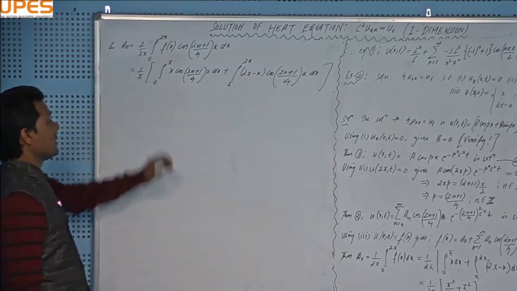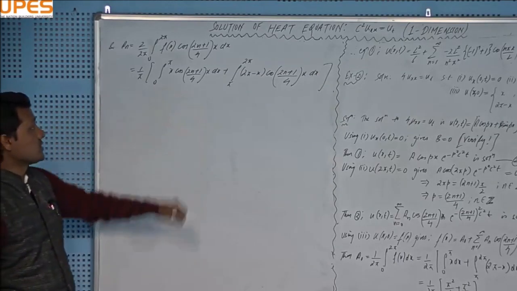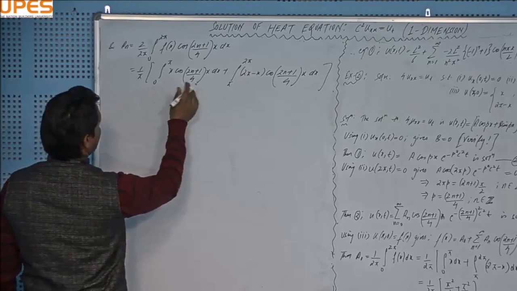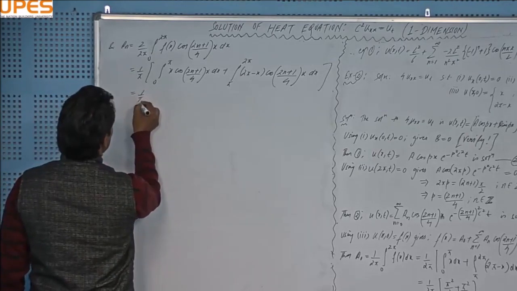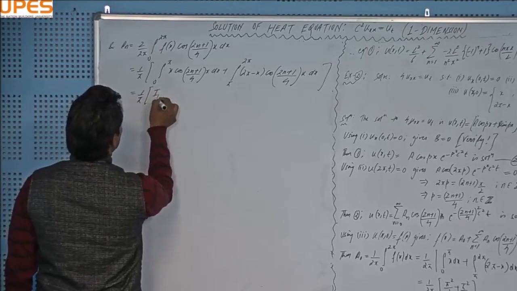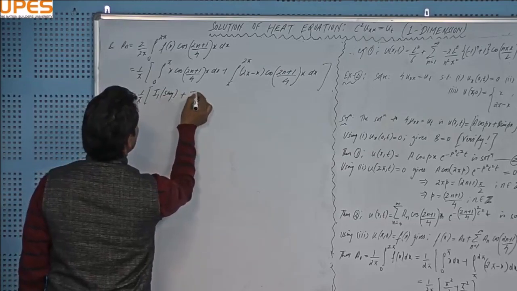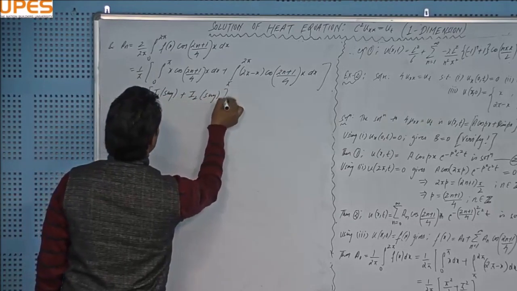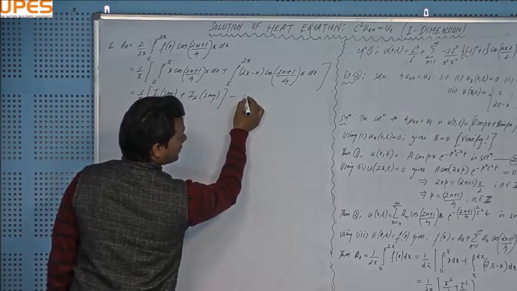I have to apply integration by parts for these. Let me take them as I1 and I2, otherwise that will be complicated: I1 plus I2, we'll evaluate them separately. Let me call it equation number 4.